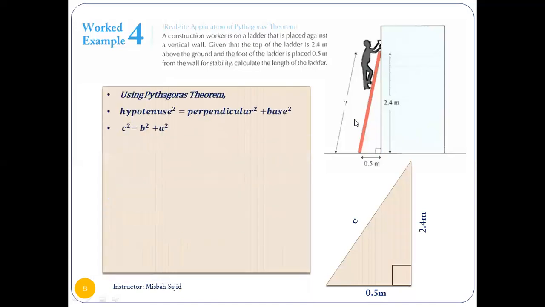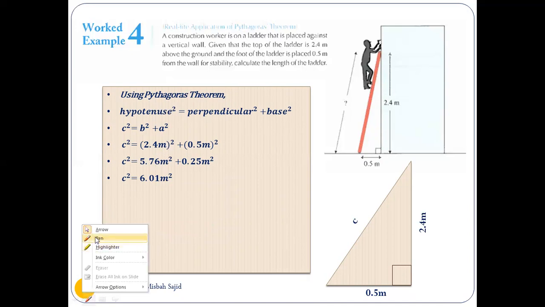So using Pythagoras theorem, hypotenuse square is equal to perpendicular square plus base square. c square is equal to b square plus a square. c square would remain the same. The value of b is 2.4 meter because this is perpendicular. Let me mark, this is perpendicular, that is small b, and this is base, that is small a.